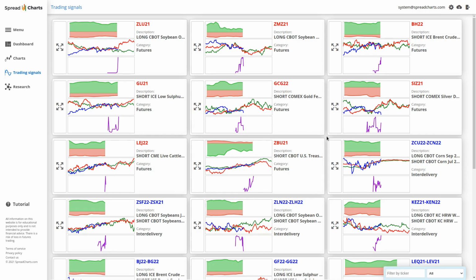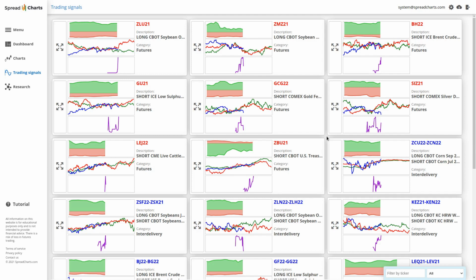The logic behind this selection is clear. We want to make sure that you always see the best opportunity for each commodity in each category, either outright futures or inter-delivery spreads, because there are many different opportunities, even on each underlying, on each commodity, because there are many combinations of contracts.